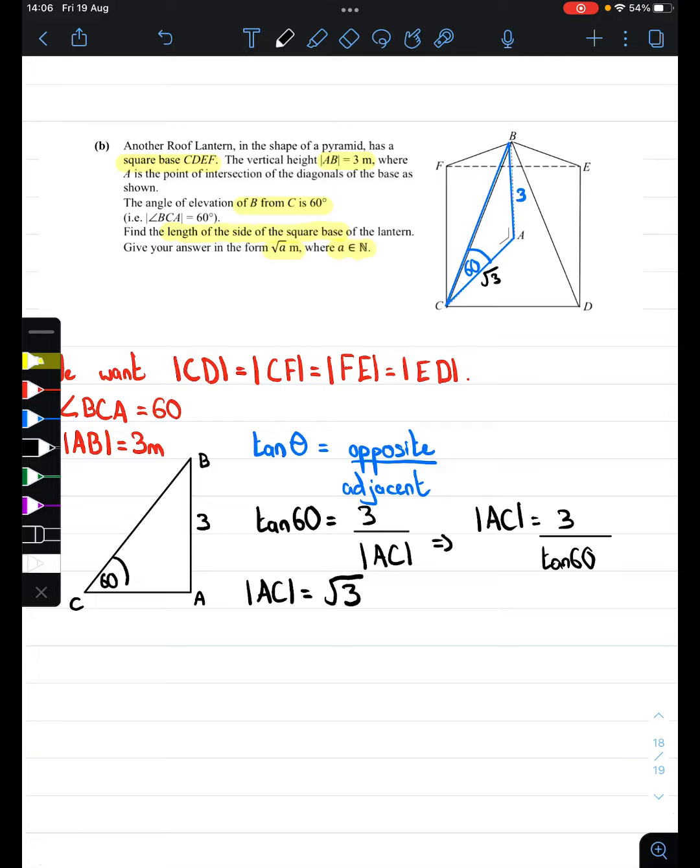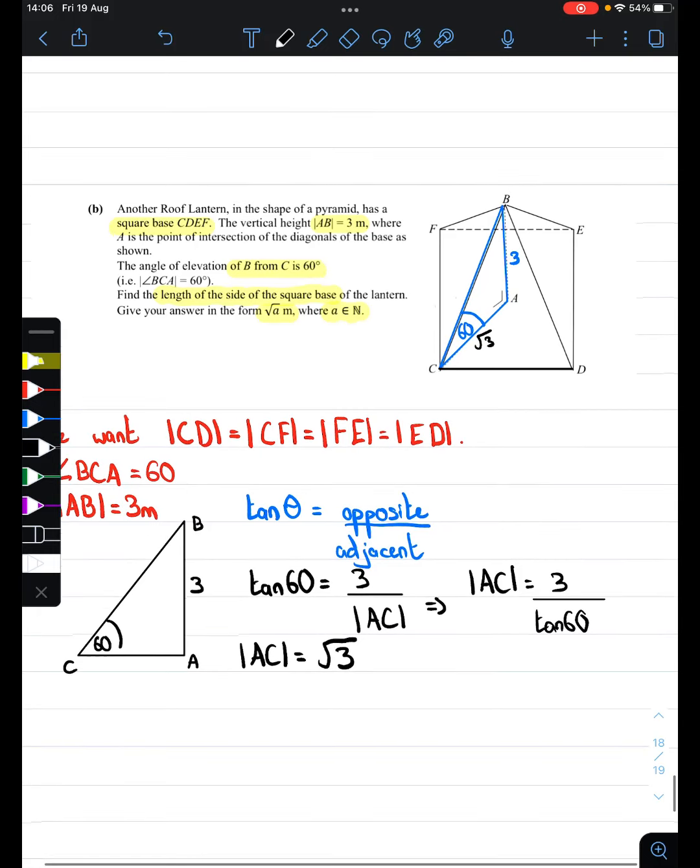And so how does this help us to find any of the lengths of this square? Well, when we were trying to find the length of AC before, we tried to find the length of CE because we knew that AC was half of EC, the length of the diagonal.